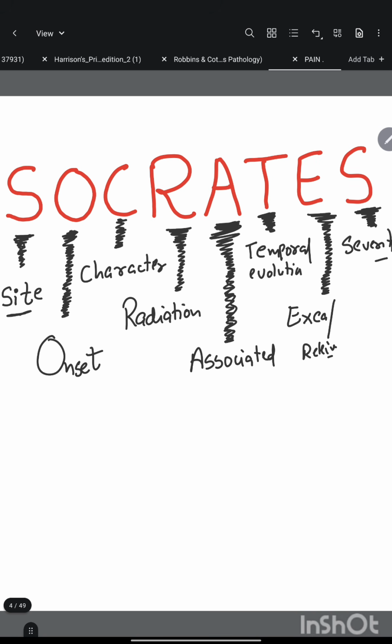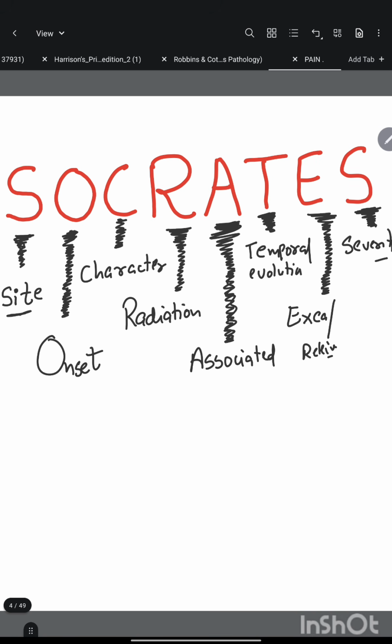S stands for the site of pain, O stands for the onset of pain, C stands for the character because pain can be stabbing, can be dull aching, can be squeezing in nature. So the character of the pain is to be asked. Radiation, if any. Most commonly, the pain of myocardial infarction radiates to the left arm and the jaw.